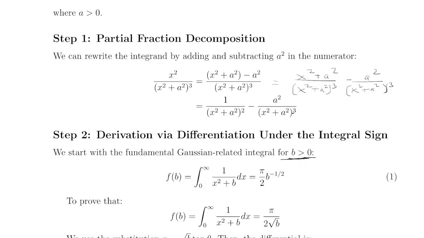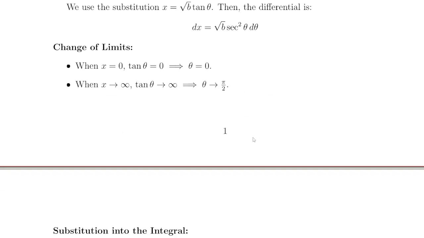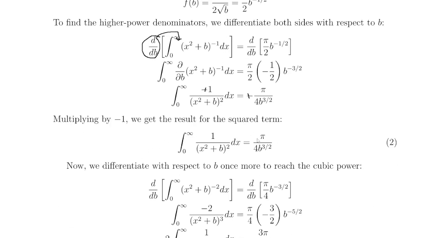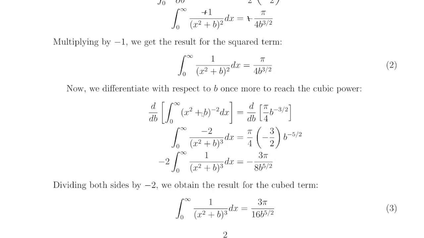So notice that we have a cubed here. So we need to take the derivative once more. When we do that, we have negative 2 over (x squared plus b) cubed. And that's pi over 4 times negative 3 halves times b to the negative 5/2, which is negative 3 pi over 8 times b to the negative 5/2 power.